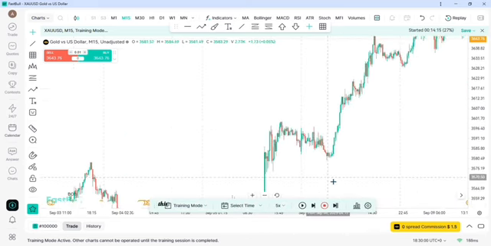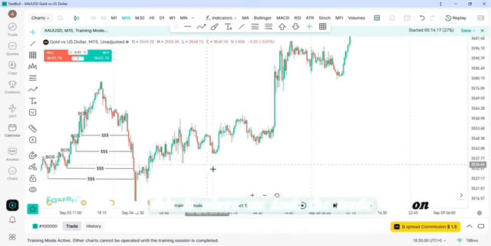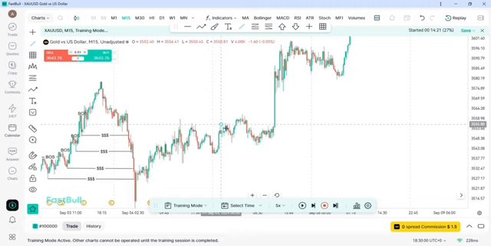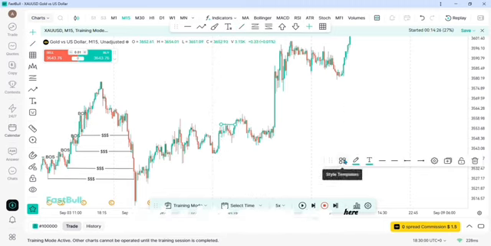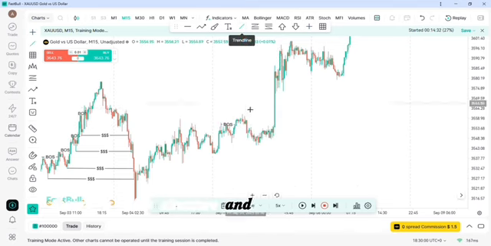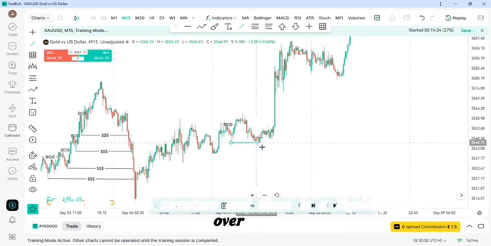And this day, this is where we took the trade. And on this day, you can see there was a break of structure over here. There's a break of structure, and there is a liquidity sweep over here.